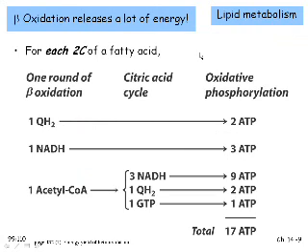It's an extremely productive way of getting energy. So for every 2 carbons in a fatty acid, you'll have 1 round of beta oxidation, producing a QH2, an NADH, and an acetyl-CoA. In the citric acid cycle, those are going to produce 3 NADH, a QH2, and a GTP.